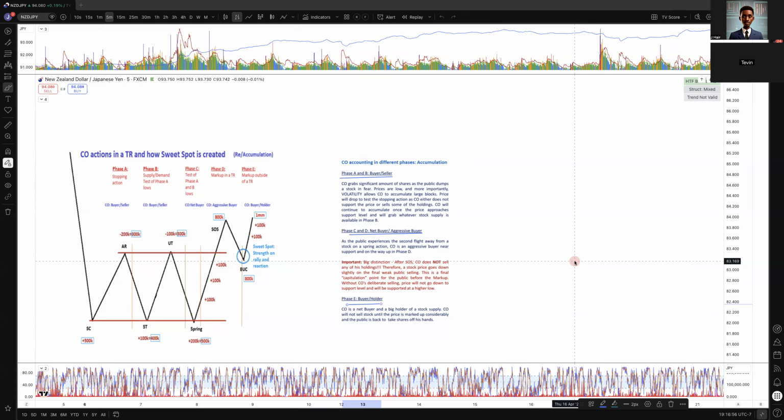And if they want to hide their positions, if they want to get their discount and not show the public that that is the discounted level, because they're really interested in just removing all of the floating supply in that market at that level, then they'll try to do something called conditioning the market.